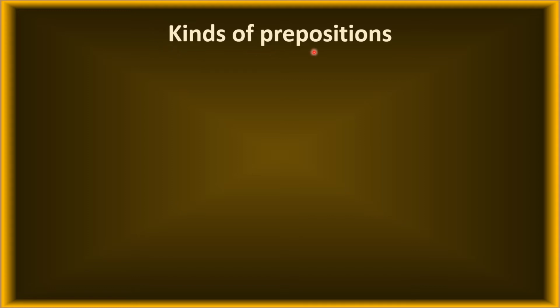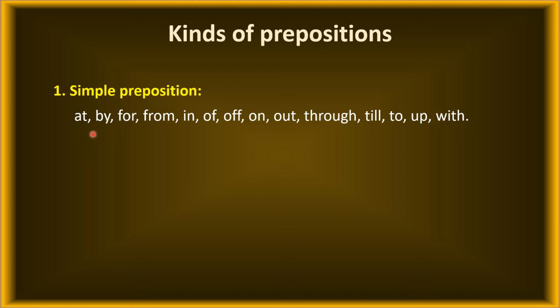Kinds of prepositions. Simple preposition. Examples: at, by, for, from, in, of, on, out, through, till, to, up, with. Compound preposition.